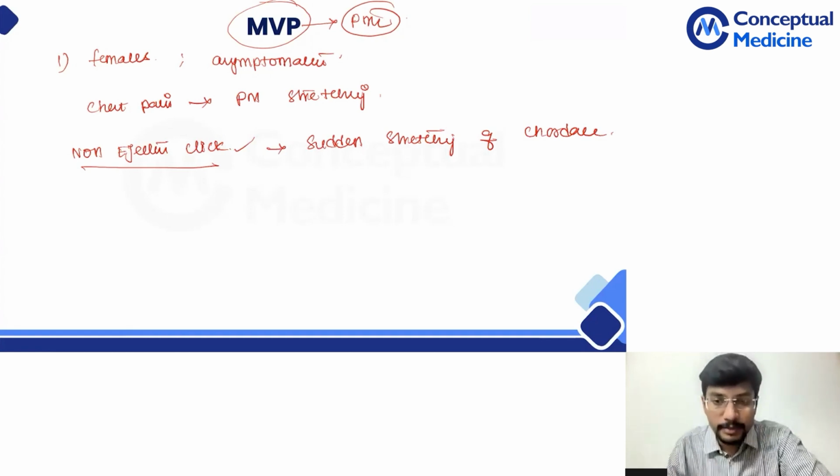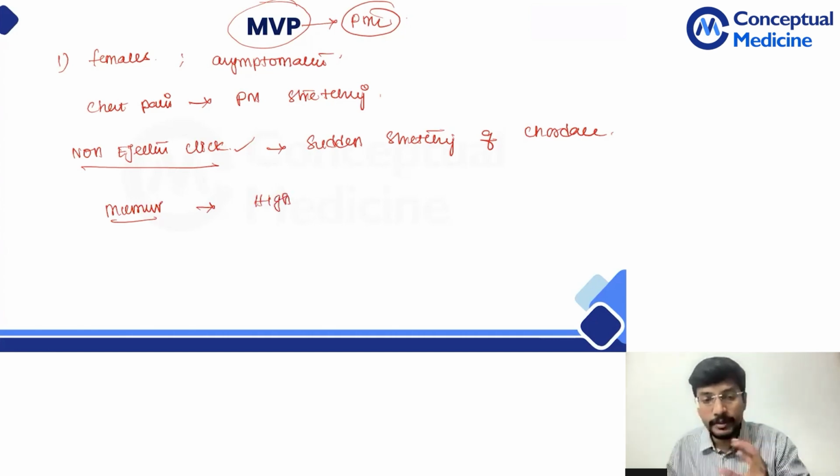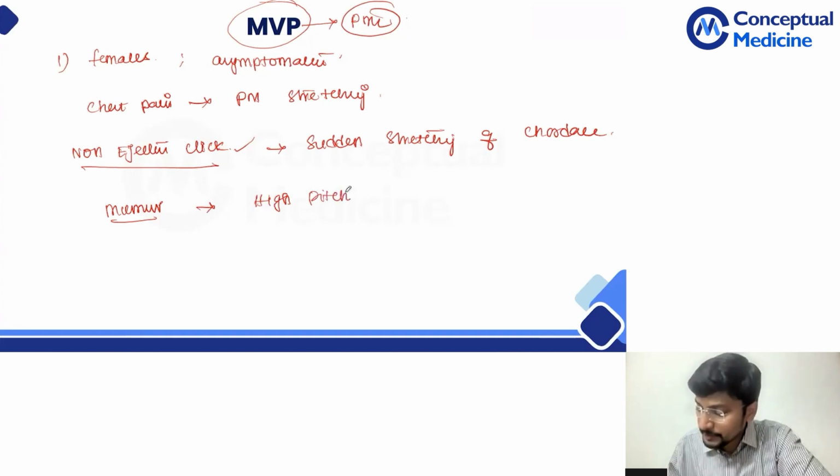late systolic murmur. See, what is the murmur in MVP? It's a high-pitched murmur. The classical description is called a whooping murmur. Once you hear it, you will never forget. It's a high-pitched whooping murmur.